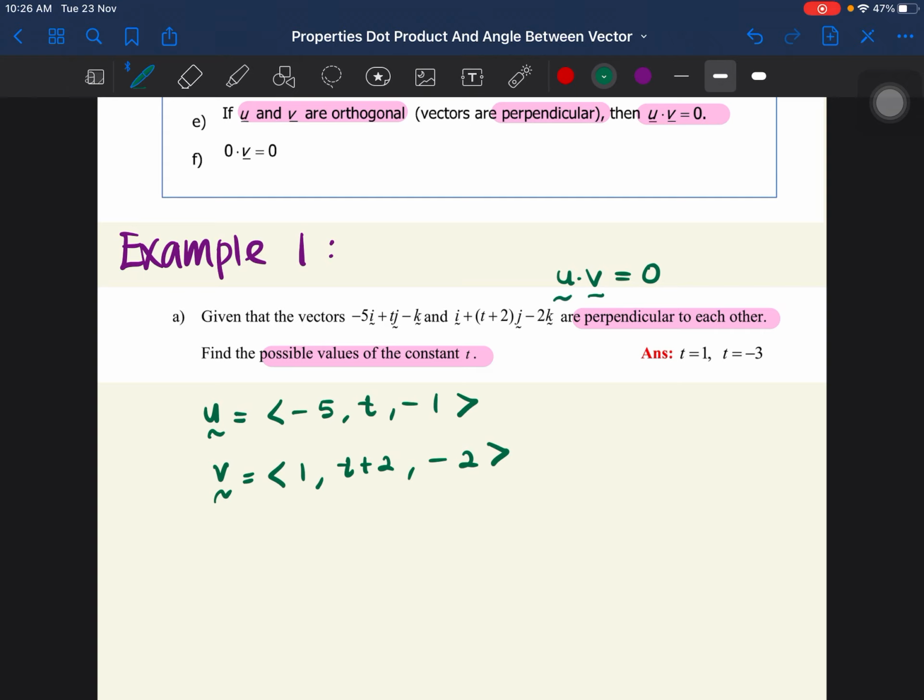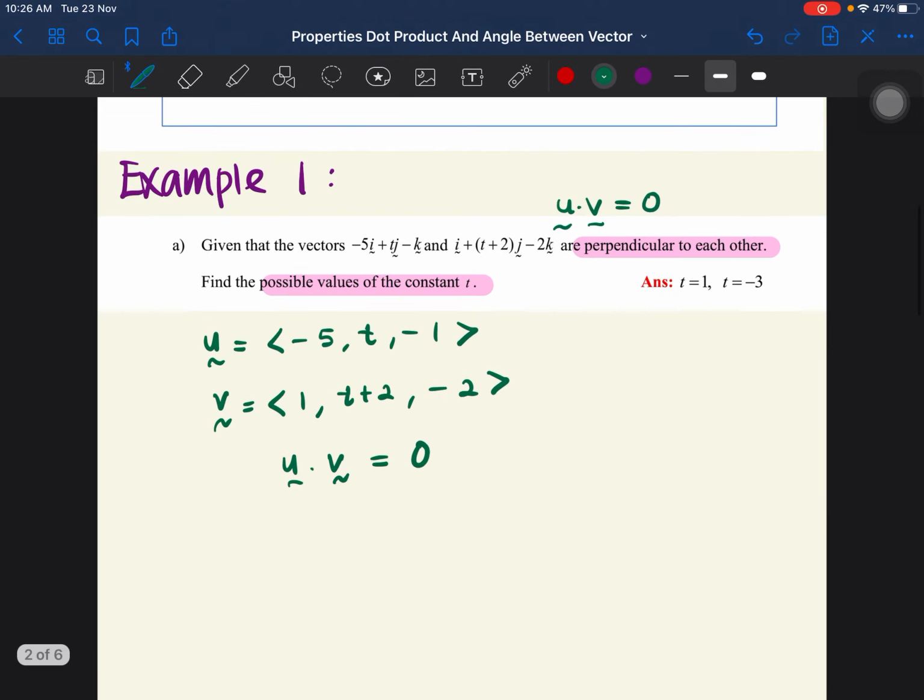Okay, so by using the properties, we know that u dot v is equal to 0. So we will have (-5, t, -1) dot (1, t plus 2, -2) is equal to 0.